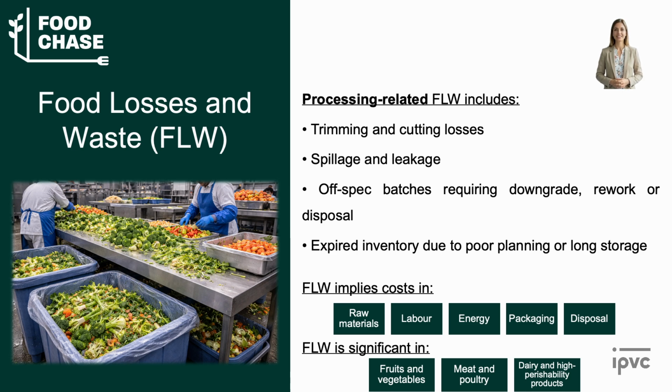Food loss and waste carry financial implications due to the cost of raw materials, labor inputs, energy consumption, packaging inputs, and disposal fees. Processing is a significant hotspot for food loss and waste in product categories such as fruits and vegetables, meat and poultry, and dairy products, which are highly perishable.